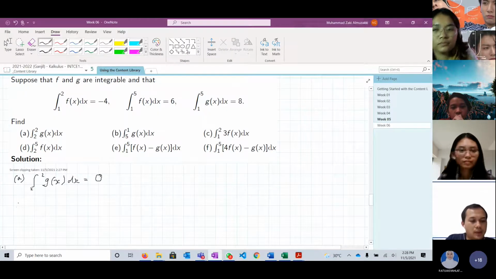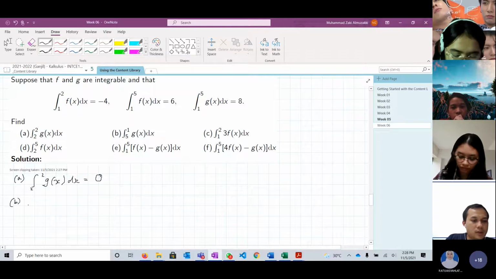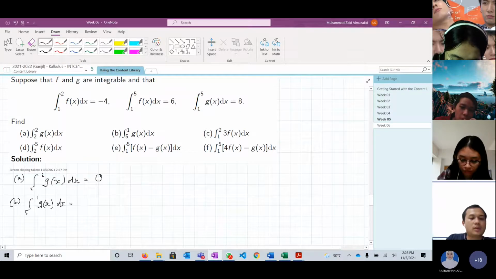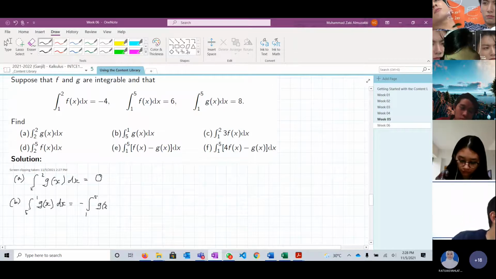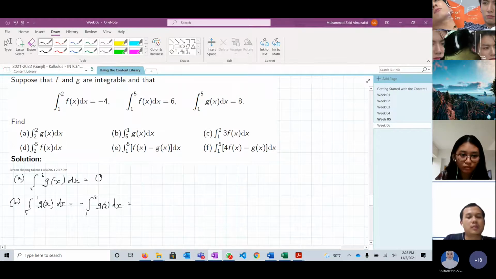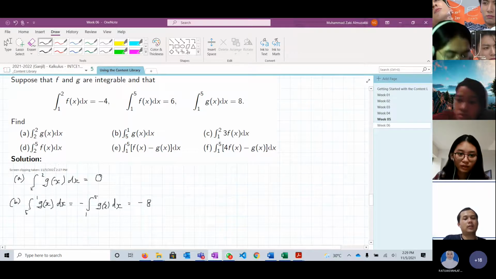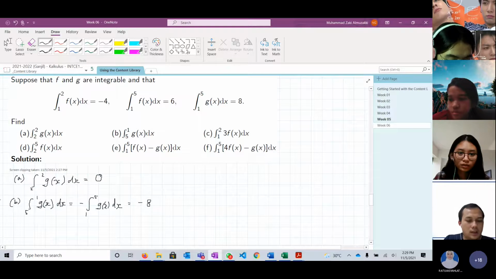Now for B, integral from 5 to 1 of g(x) dx is actually minus integral from 1 to 5 of g(x) dx, so minus of 8, because what we have here is the integral of g(x) dx from 1 to 5, so we just need to flip the limits.